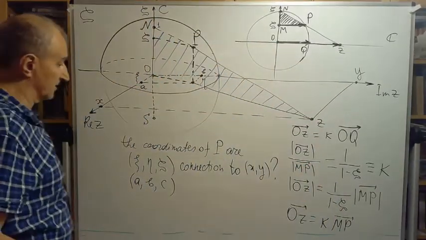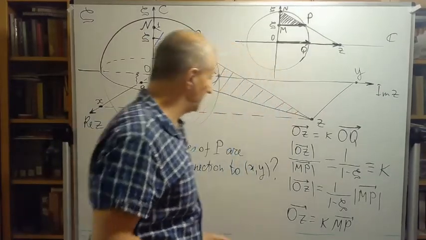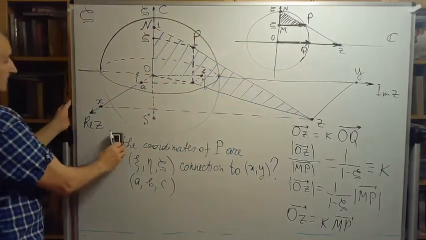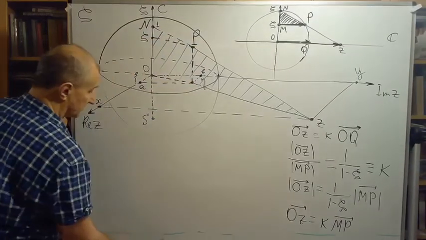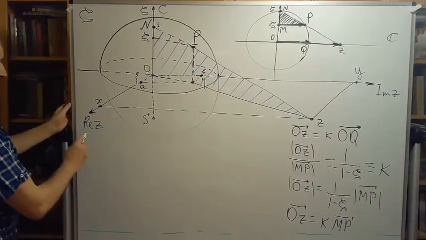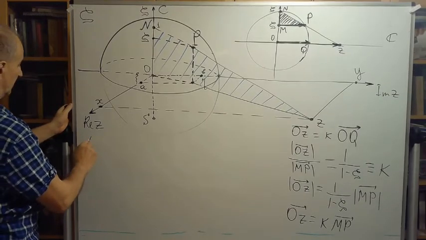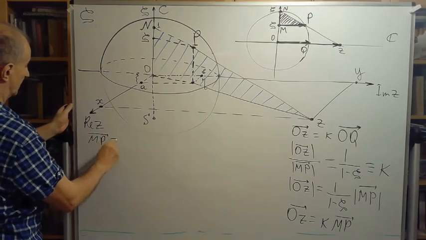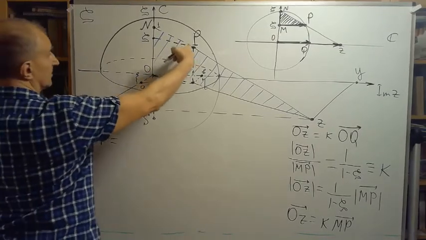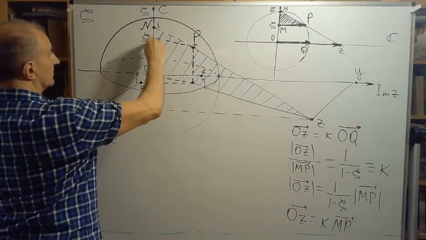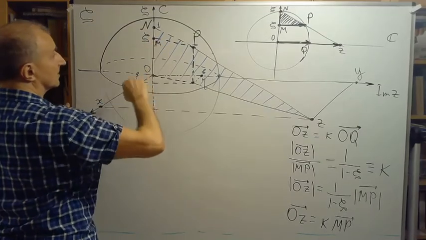Or now I can write it in coordinates. The vector MP will have the coordinates of point P minus coordinates of point M. This is point M, right? In our notation.